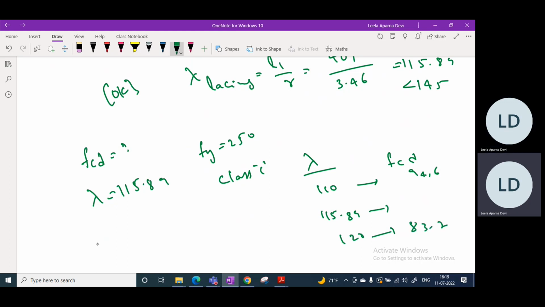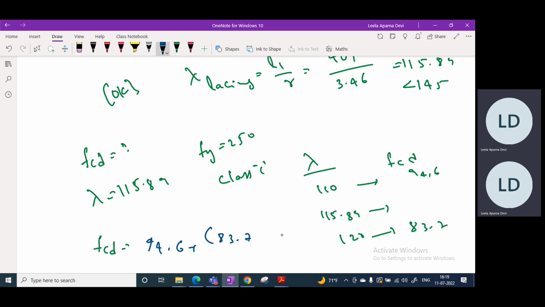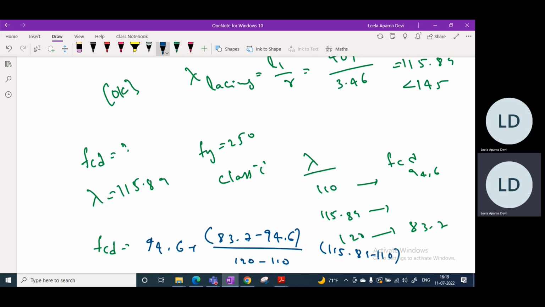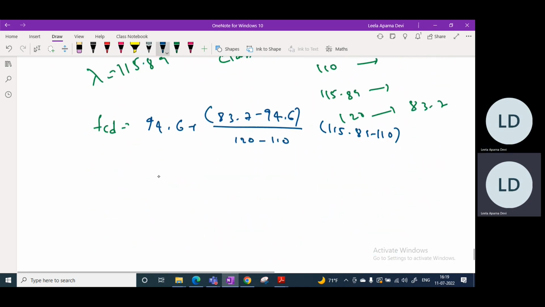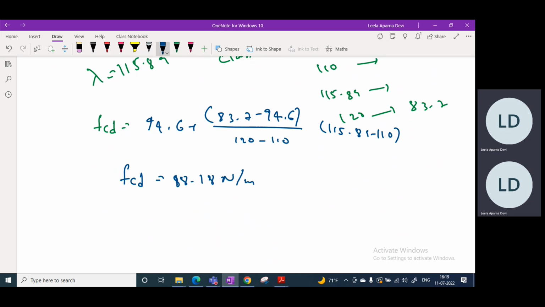So now the fcd value is 94.6 plus 83.7 minus 94.6 divided by 120 minus 110, into 115.89 minus 110. Now fcd, which we got here, is 88.18 newtons per mm square.